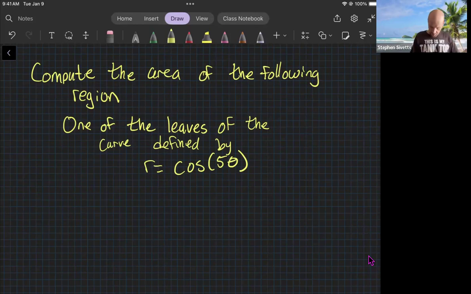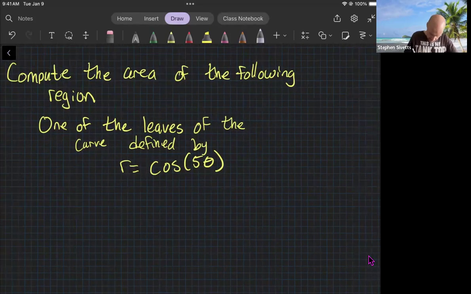If you do this right, I'll write out the answer. The answer is pi over 20 if you do this right.